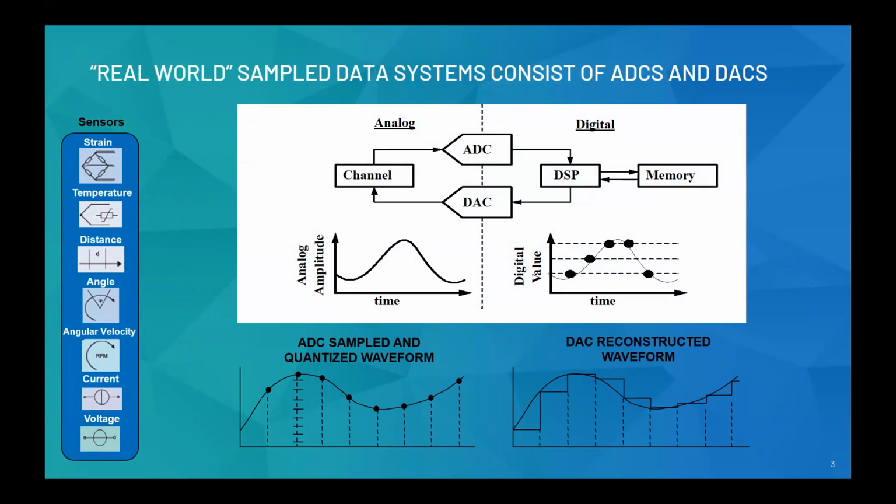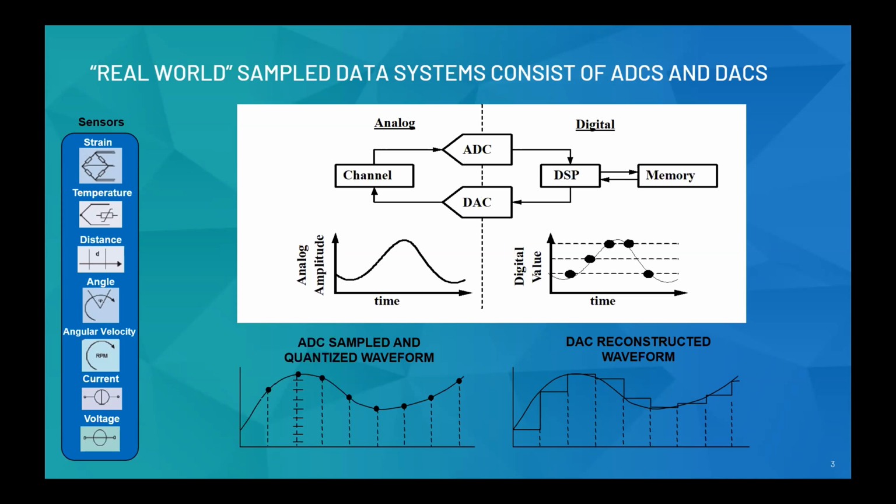Okay, so first, what are data converters? The real world problem consists of taking a continuous signal, which is analog in nature, meaning it is continuous in time as well as in its amplitude, and then applying digital signal processing to the signal. We have a variety of sensors like strain, temperature, current, voltage, vibration, things like that.